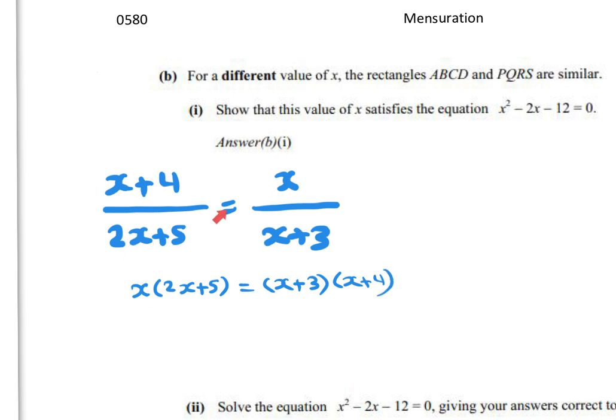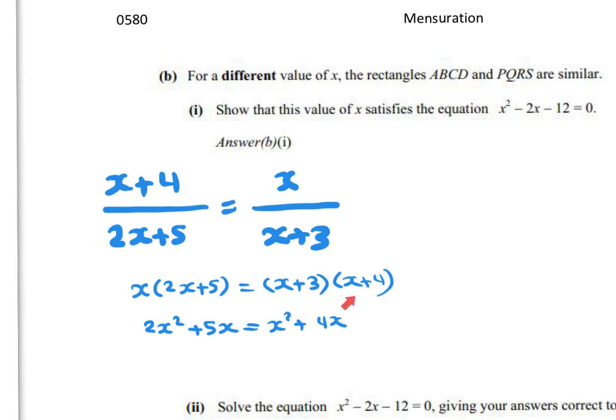Now expand: x times 2x and x times 5, which is 2x squared plus 5x. Then x plus 3 times x plus 4. First, x times x and x times 4, which is x squared plus 4x.